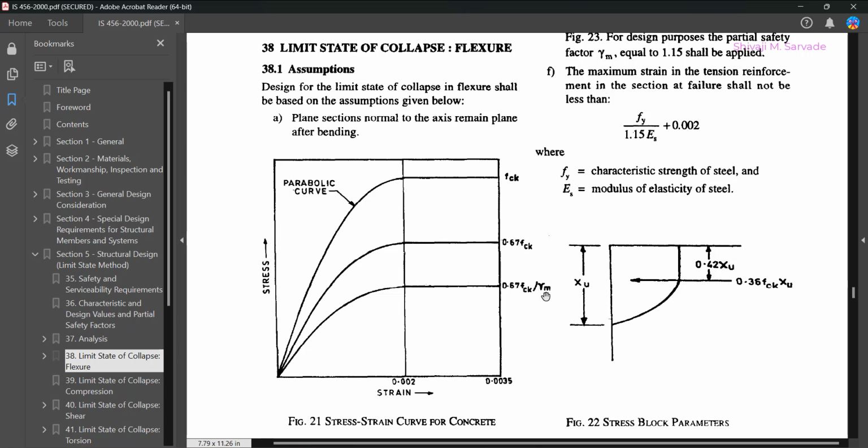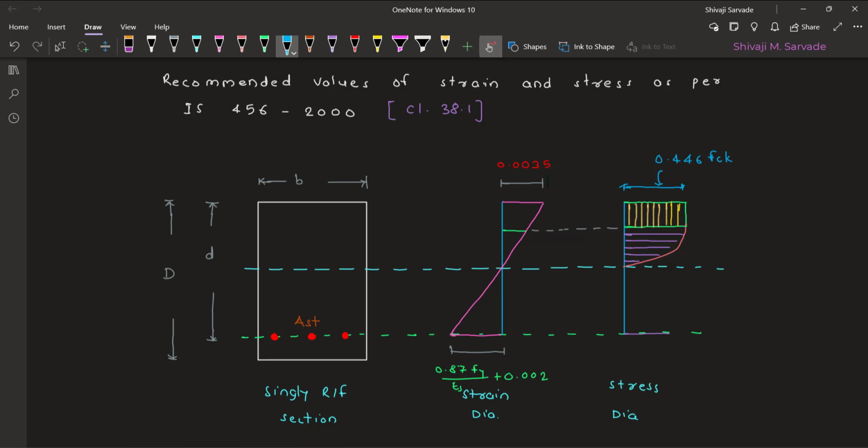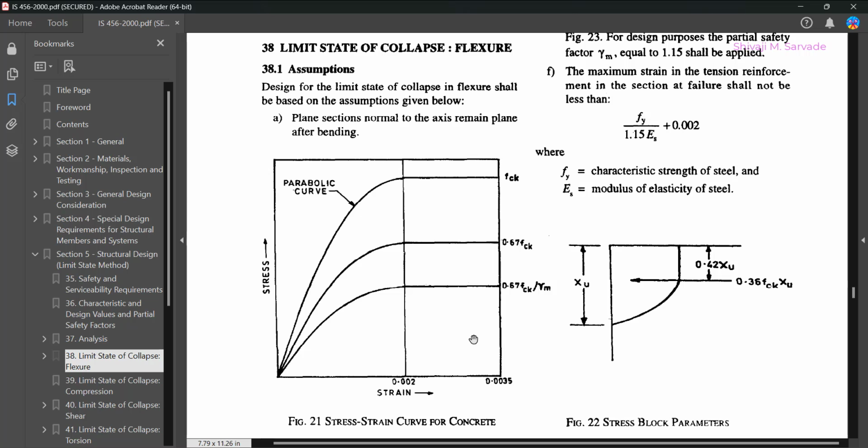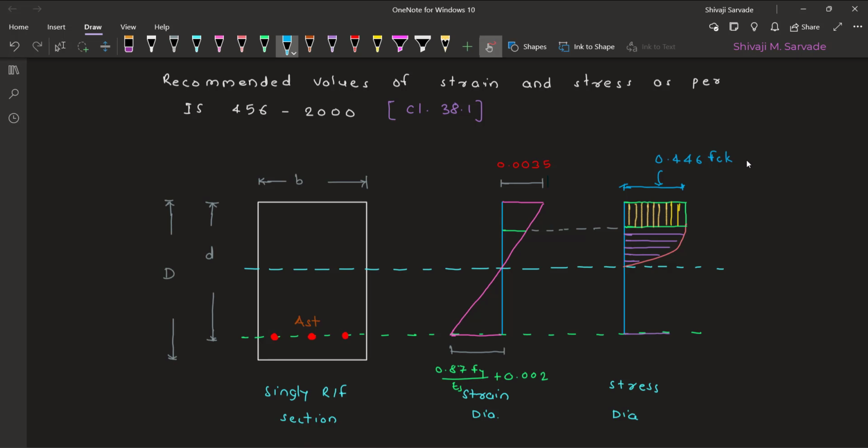That is how we get 0.446 fck. So if I go here and plot the same point, which is 0.002 strain, you see our stress-strain diagram is linear up to here. So this is a linear portion, and this is the parabolic variation.